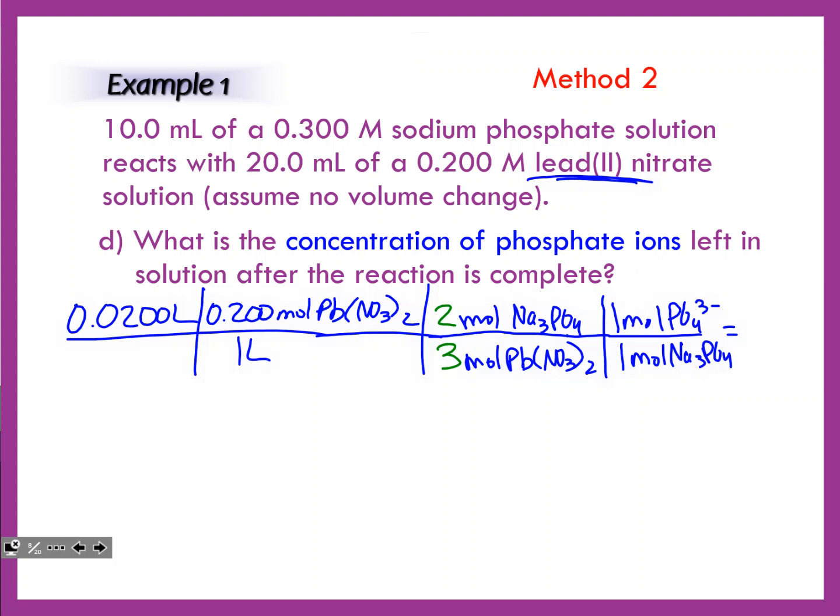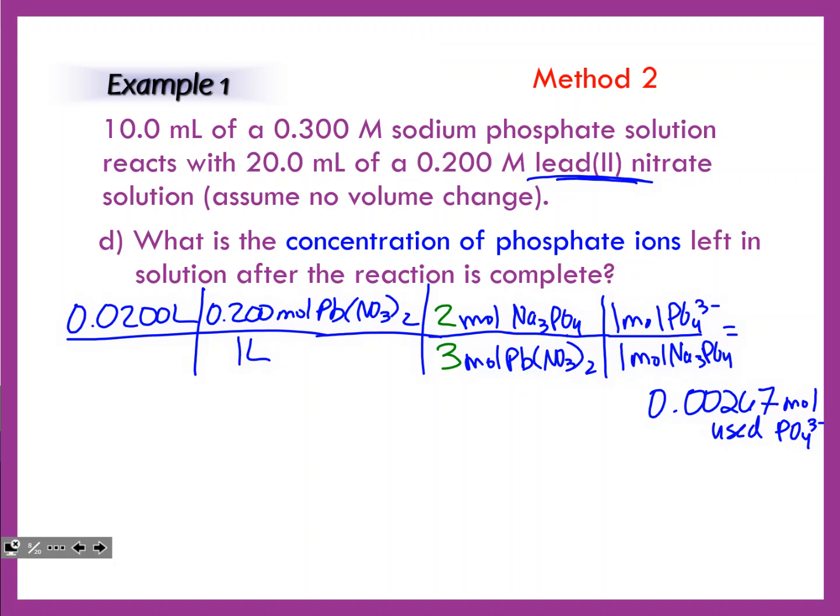All right, so this is going to give us the amount of moles consumed in the reaction. When you do limiting to the excess, it gives you the amount consumed. And we end up consuming 0.00267 moles. Okay? This is used in the reaction of our phosphate.